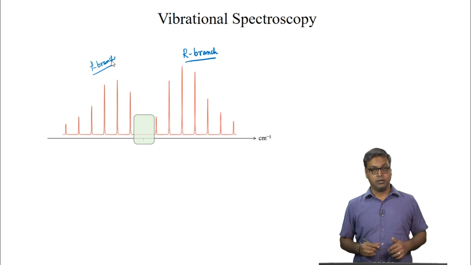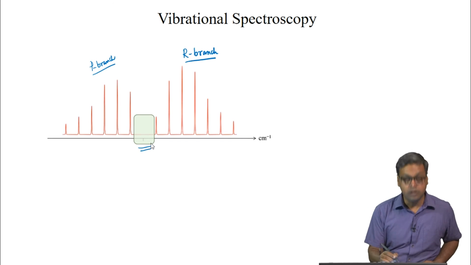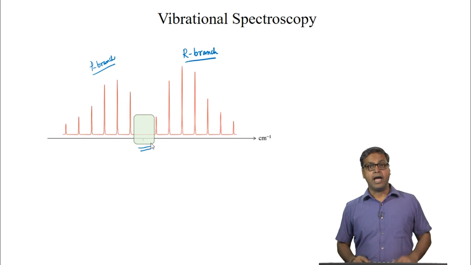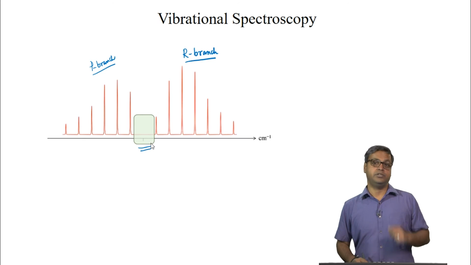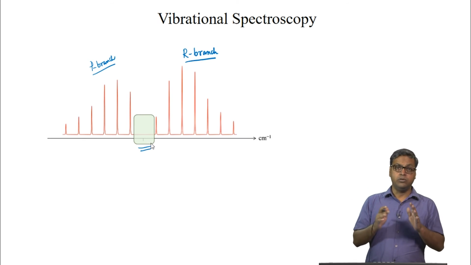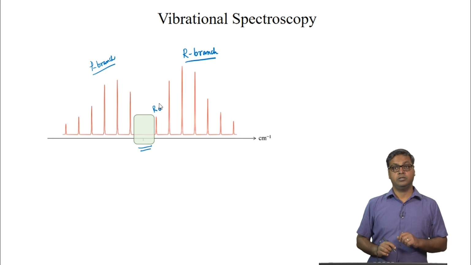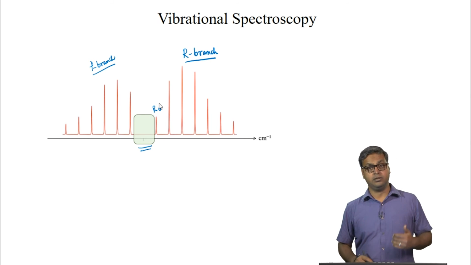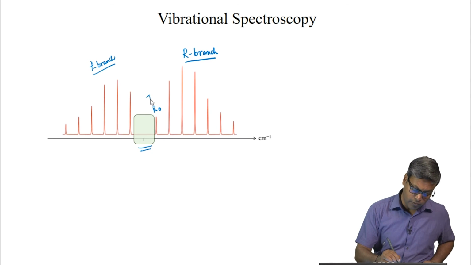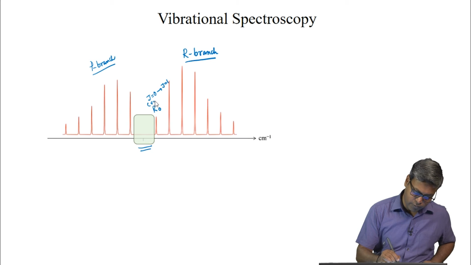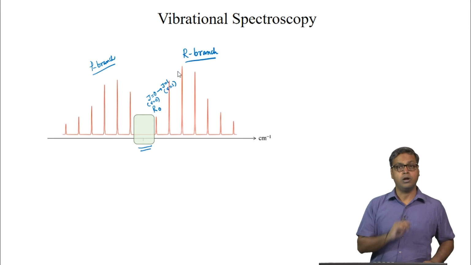The shaded part shown here shows the gap at the fundamental frequency. The R 0 is the first line in the R branch, as it is associated with j equals 0 to j equals 1 transition. So, j equals 0 is for v equals 0 and j equals 1 is for v equals 1.